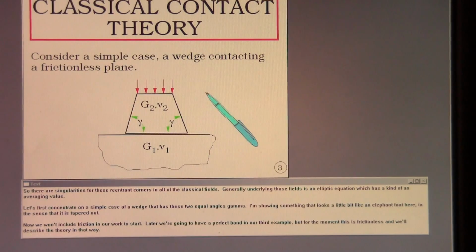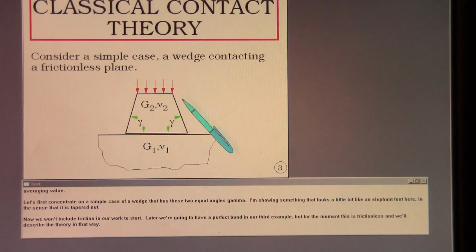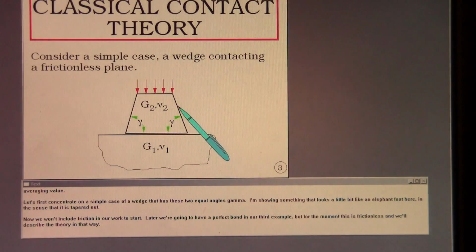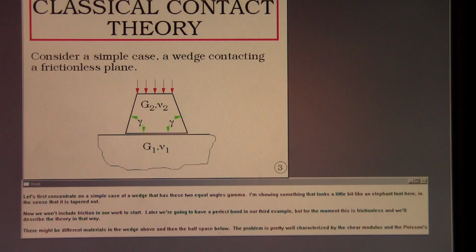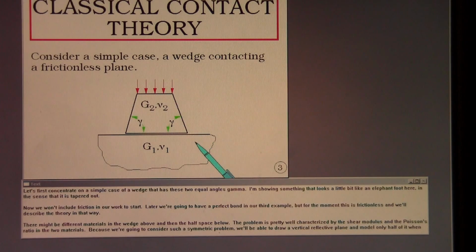Let's first concentrate on a simple case of a wedge that has these two equal angles, gamma. I'm showing something that looks a little bit like an elephant foot here in the sense that it is tapered out. Now, we won't include friction in our work to start. Later we're going to have a perfect bond in our third example, but for the moment this is frictionless, and we'll describe the theory in that way.